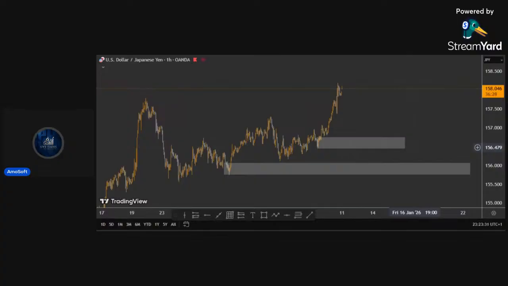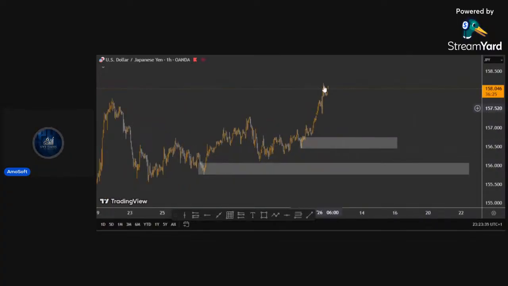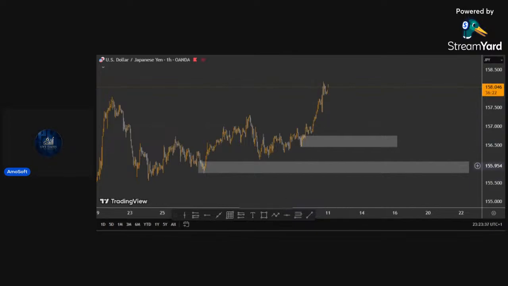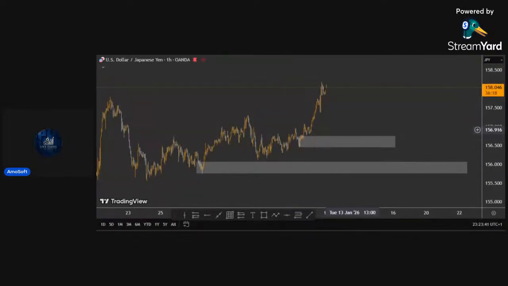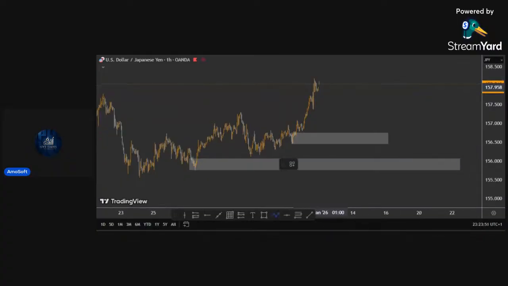USDJPY. I'm bullish on USDJPY. So I'm expecting USDJPY to come down into either of these two levels during the week for me to take a buy. This is on a 1 hour time frame, so you might as well compare that to your charts. Expect price to come down to this level, take out this liquidity.